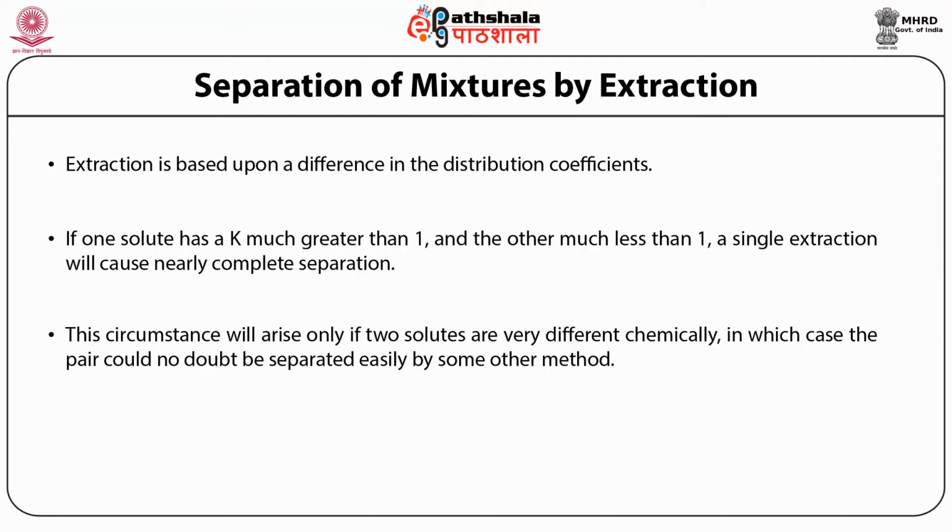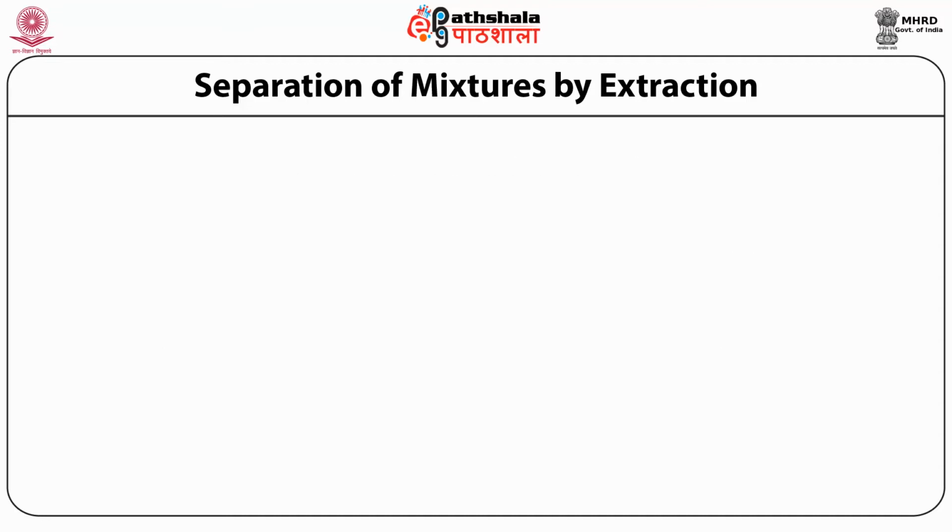If two solutes have similar but not identical distribution coefficients, a single extraction will cause only a partial separation, with an enrichment of one solute in one solvent and an enrichment of the other solute in the other solvent. If we are to make an adequate separation, we must repeat the process many times.